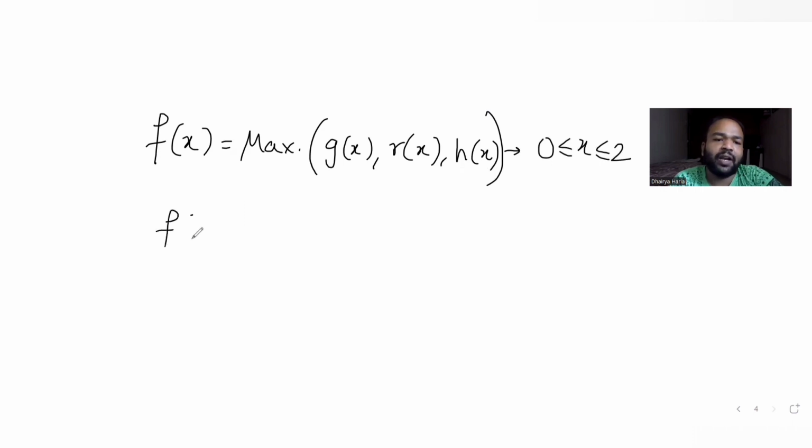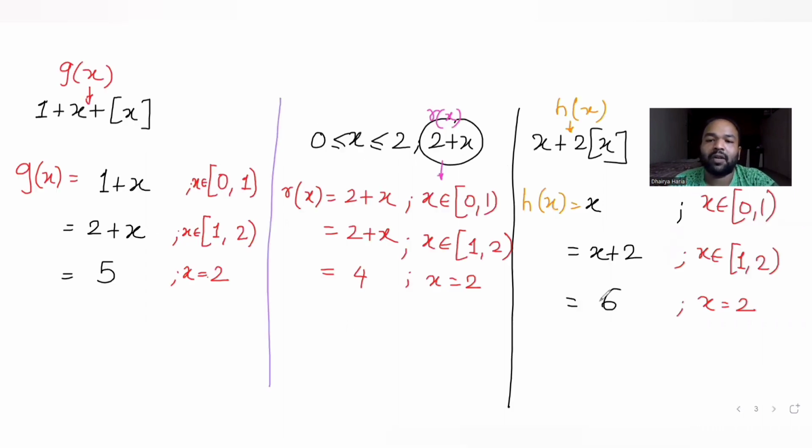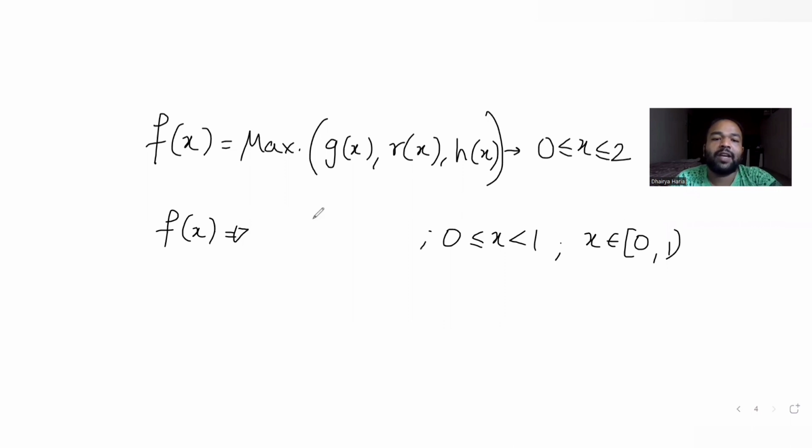So if I try to find f of x for x belongs to the closed interval 0 and open interval 1, and find the maximum of all these functions, here you have x, here you have x plus 2, here you have x plus 1. So the maximum I can see is x plus 2. So here I have x plus 2 as my function f of x.